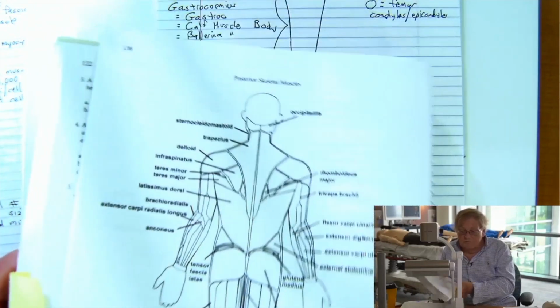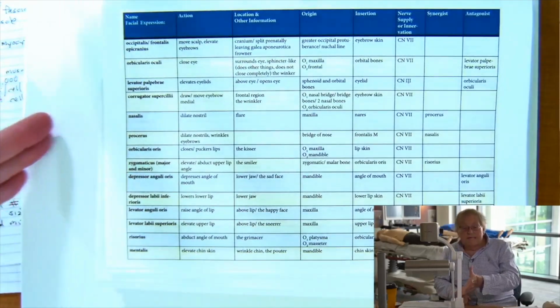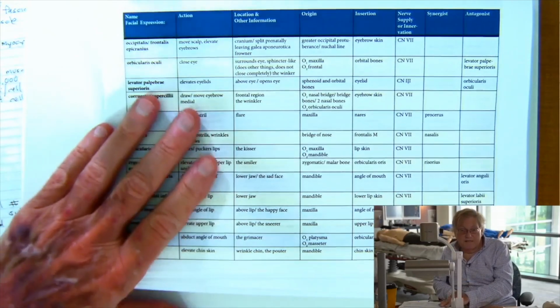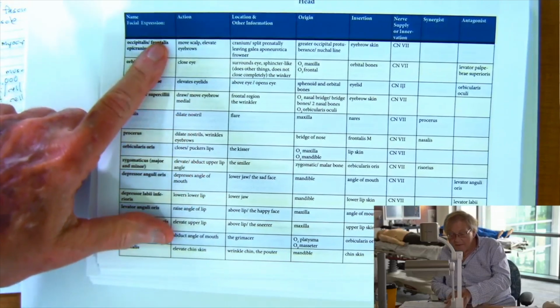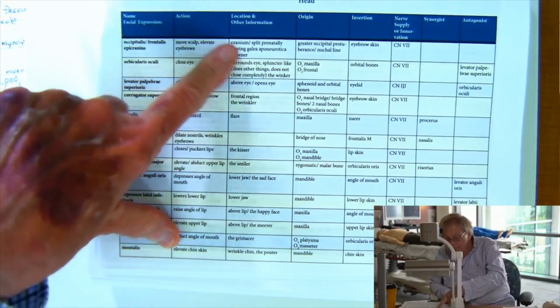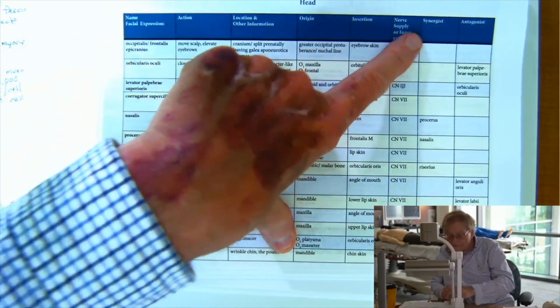But then as you move along, you'll see that there's muscle tables. The muscle tables literally go through each of the muscles, and they tell you different things. Like up here you'll see the name, this is your facial expression muscles, action, location, origin, insertion, nerve supply, synergist, antagonist.